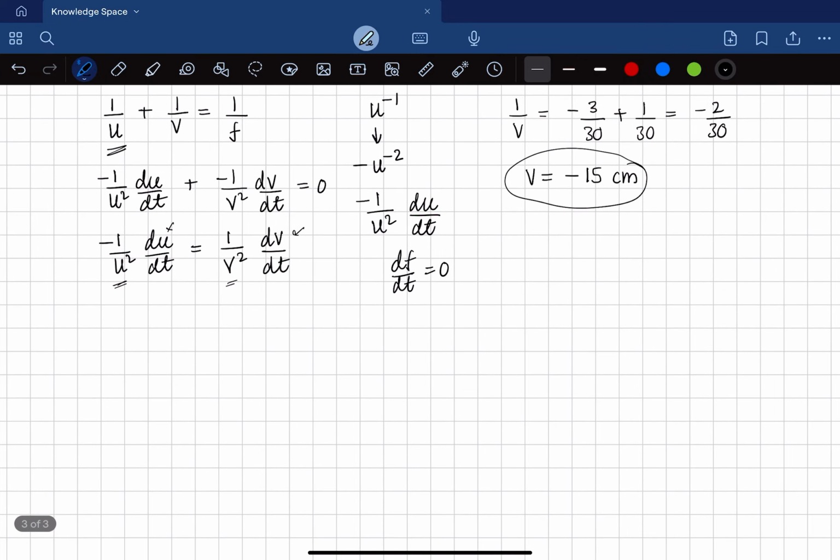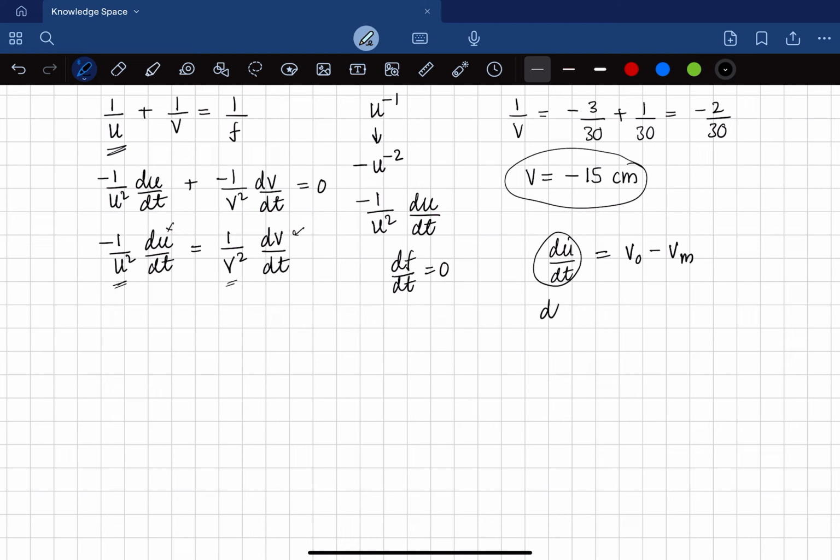So du over dt is actually the velocity of the object with respect to the mirror. So this would be VO minus VM.